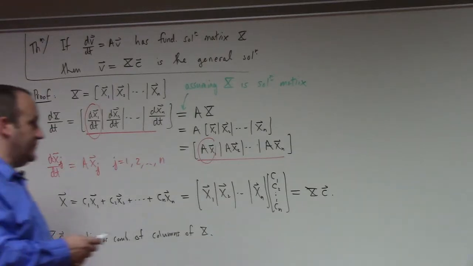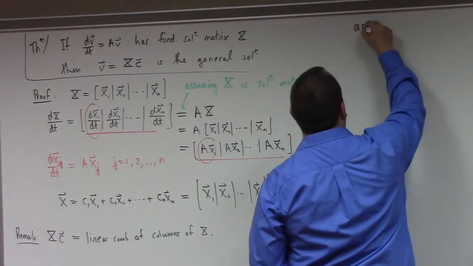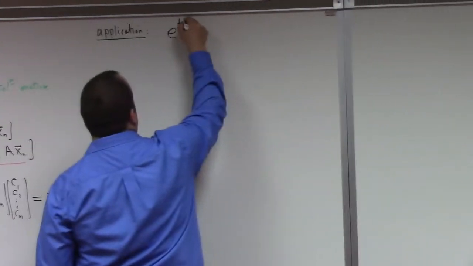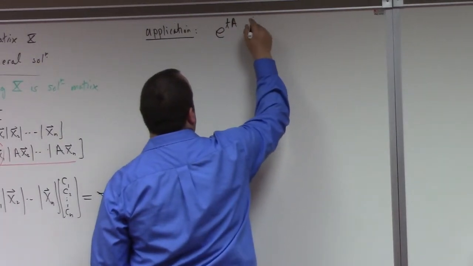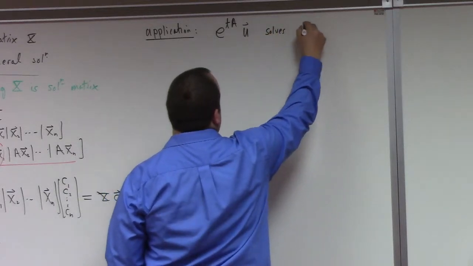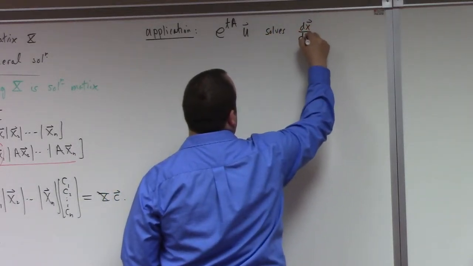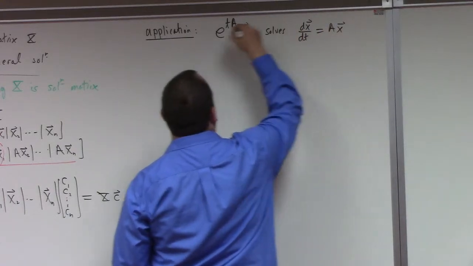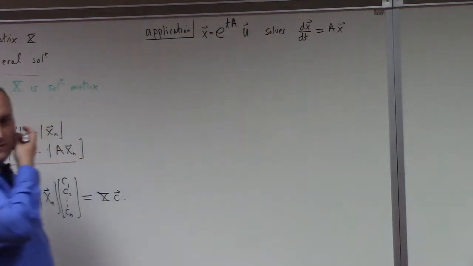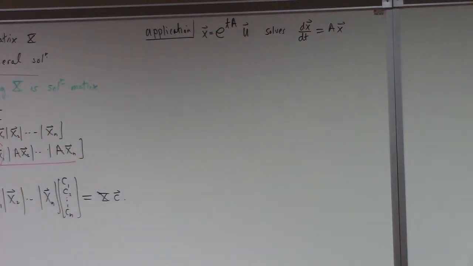So application: if I say e to the ta times any constant vector, really times any vector, let's say u, solves dx dt equals Ax. Do you see that? Because if I take the matrix exponential and I multiply it by a vector, that's just a linear combination of the columns of the matrix exponential. So it's, again, a solution. You guys with me? All right.